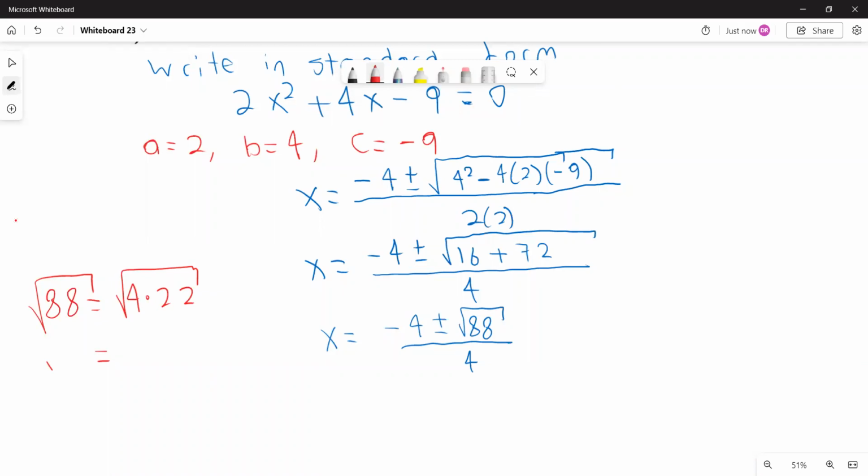I'm trying to erase that. Okay, so I'm going to close the whiteboard for a moment and try to open it again. So let's try again.